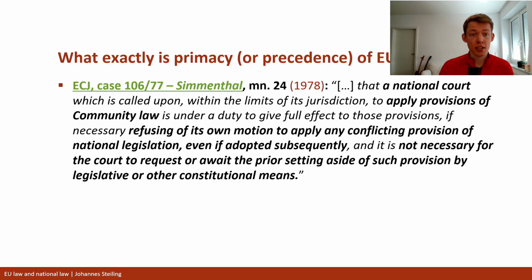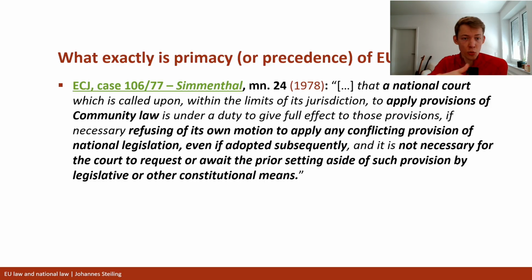So the ECJ says that a national court, and this decision focuses on national courts, but the same applies for national administration, a national court which is called upon within the limits of its jurisdiction to apply provisions of community law, like provisions of EU law. So this is the first requirement: the court actually has to have the obligation to apply provisions of community law.